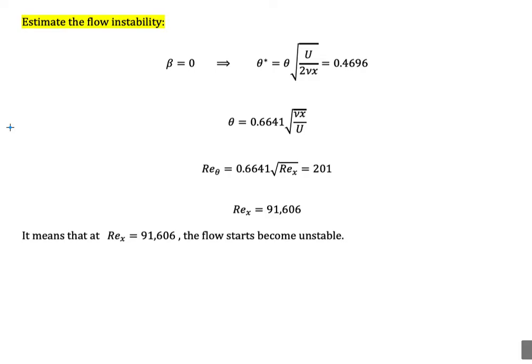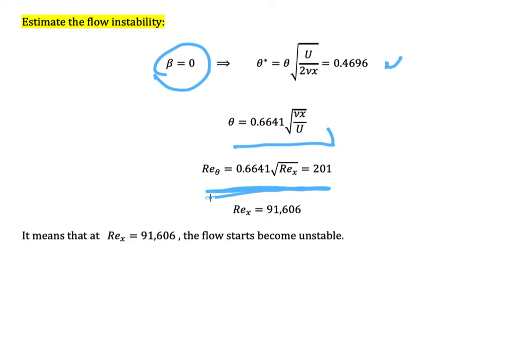Then we estimate the flow instability. Because we are dealing with a flat plate, beta here is equal to 0. Then we could calculate the value of theta star, which is equal to 0.4696. From here we could calculate the value of theta, and from the table we could change it into the Reynolds number.